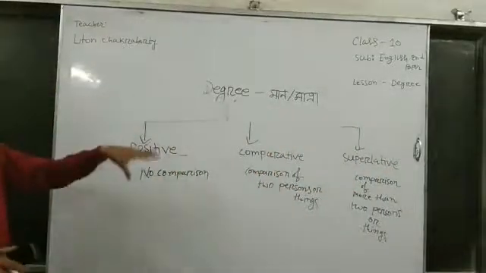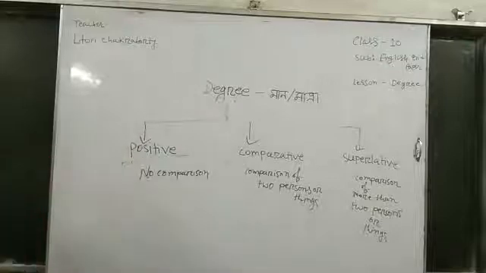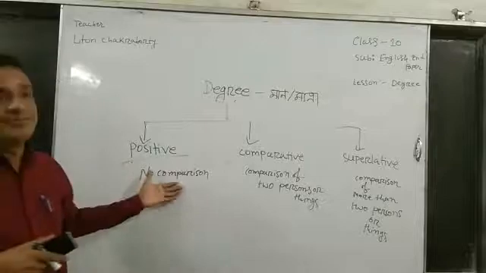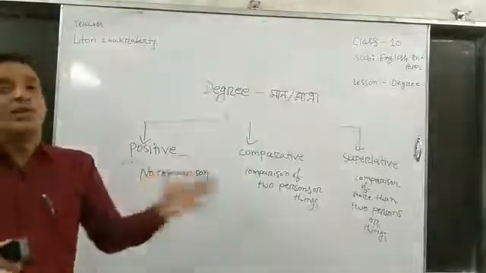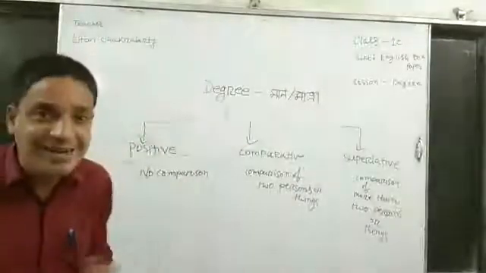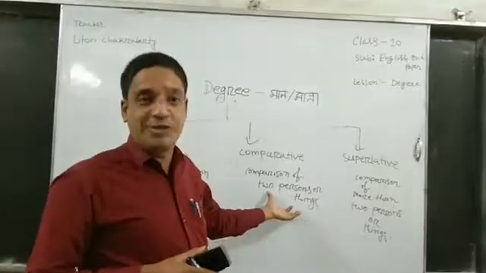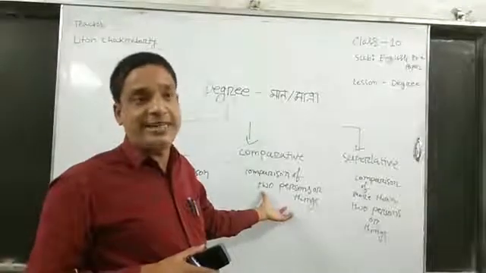This is our first idea about degree. Positive, no comparison, just information will be given. She is a good girl. Comparative, there will be a comparison of two persons. India is bigger than Bangladesh.